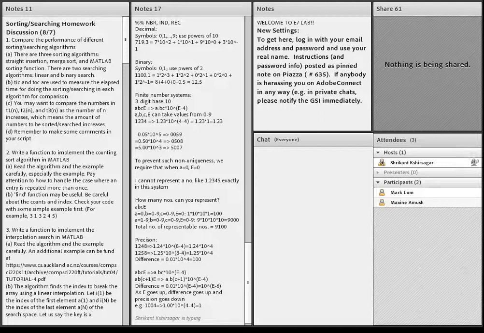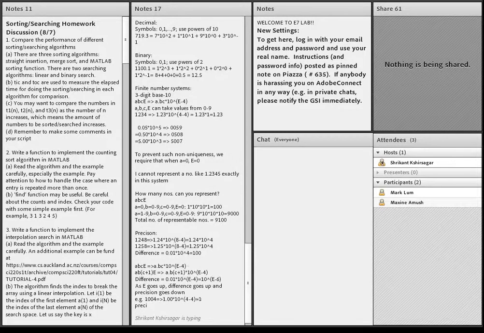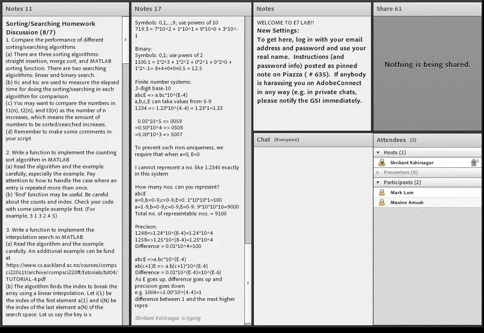So the precision at the number 1, or the difference, which is the inverse, is the difference between 1 and the next higher representable number, which in our notation we call EPS. I'll just introduce it right now, but we'll look at it in more detail later on. So EPS of 1 in this number system is simply 10 raised to E minus 6. E is 4 here, right? So 4 minus 6, which means 10 raised to minus 2, which is 0.01.